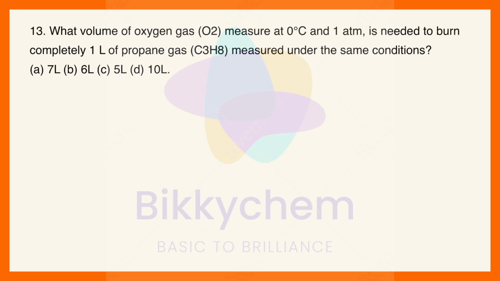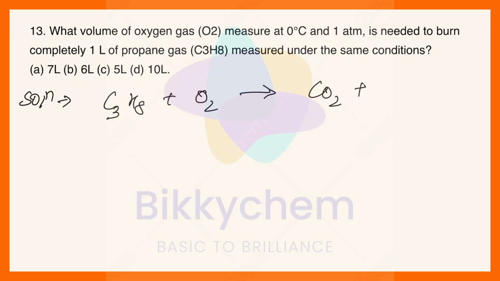Okay, we will see the next question. What volume of oxygen gas measured at 0 degrees Celsius and 1 atmosphere is needed to burn completely 1 liter of propane gas measured under the same condition? So we are burning the propane. If you burn this, you will get carbon dioxide and water vapor.